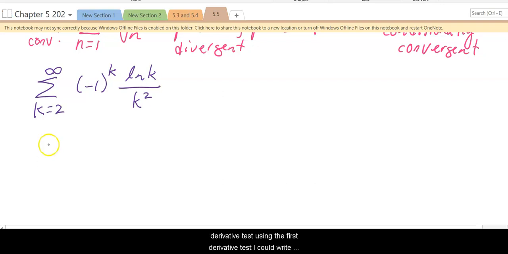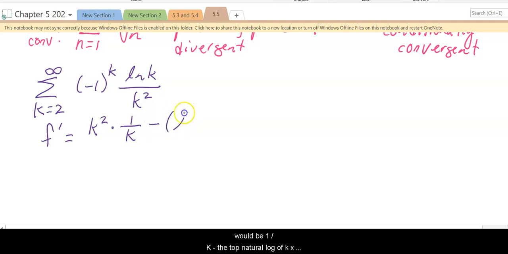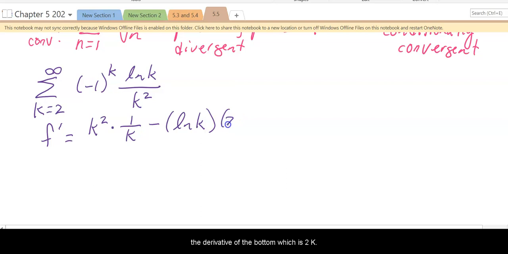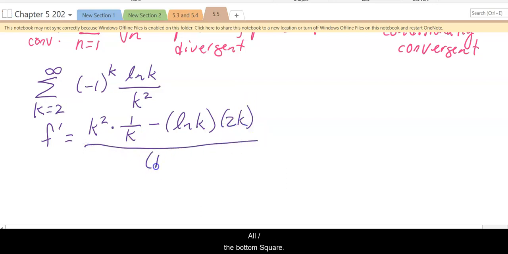Using the first derivative test, I could write that f prime would be, using the quotient rule, the bottom times the derivative of the top, which would be 1 over k, minus the top natural log of k times the derivative of the bottom, which is 2k, all divided by the bottom squared.